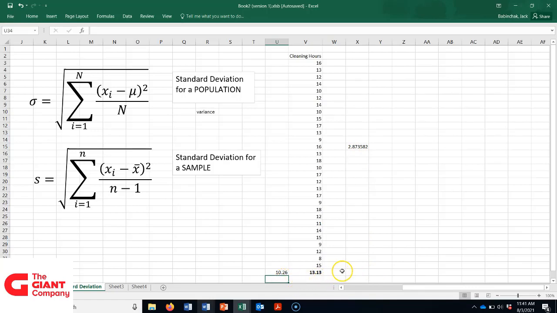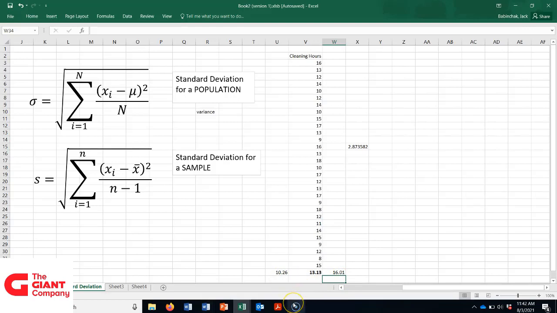And on the other side, I'm going to add that number to the mean: this plus this equals this. So now we have two numbers spread a little bit, and we have 10.26 minutes and 16.01 minutes.